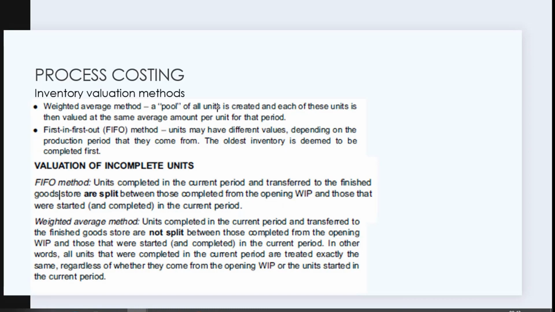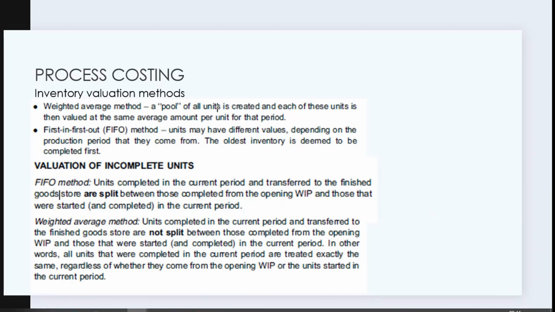And we've looked at what actually goes into the finished goods store, and what you have to take into account if you are asked about the work that still needs to be done before that specific WIP is completed. And that was a single process, so it was easy to just follow.